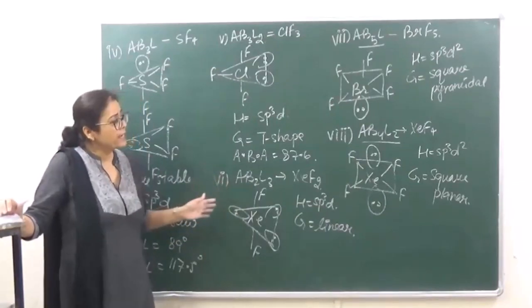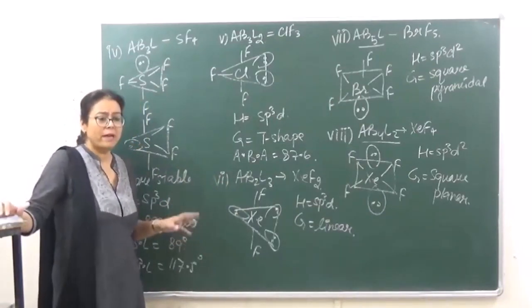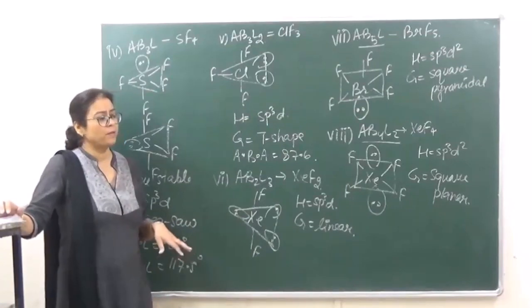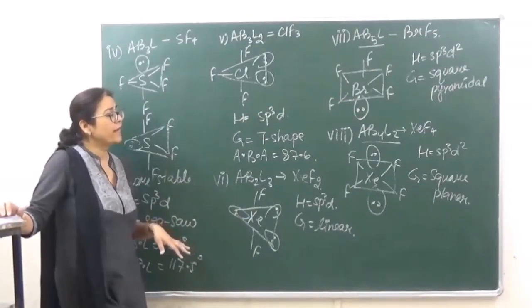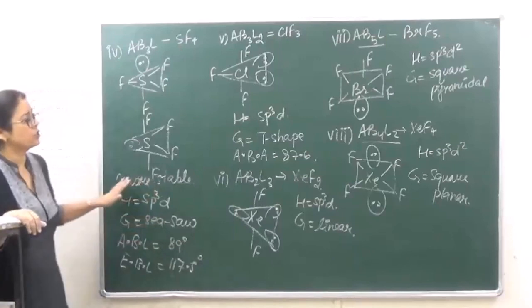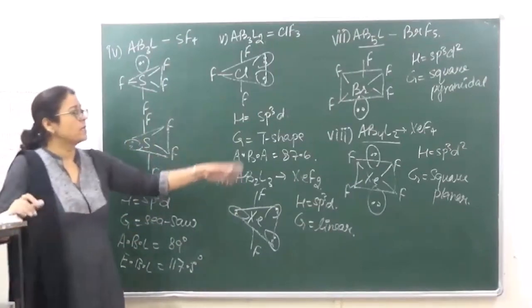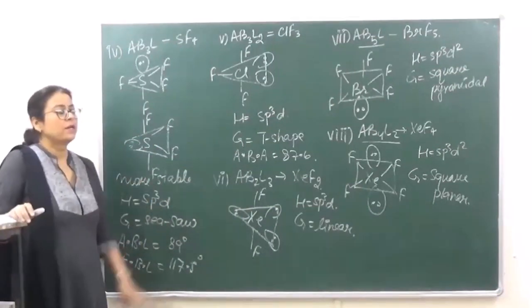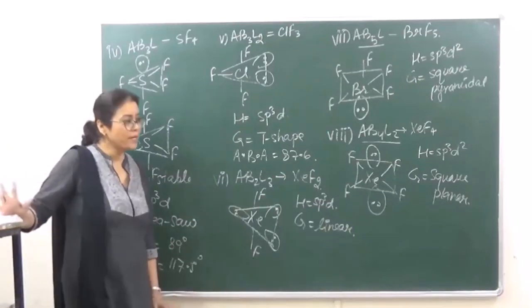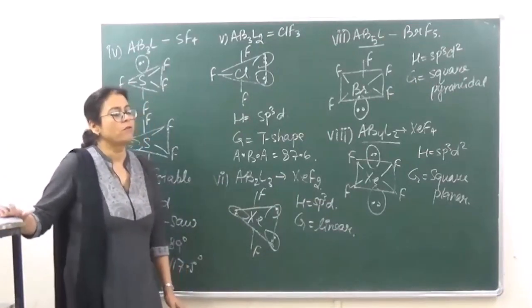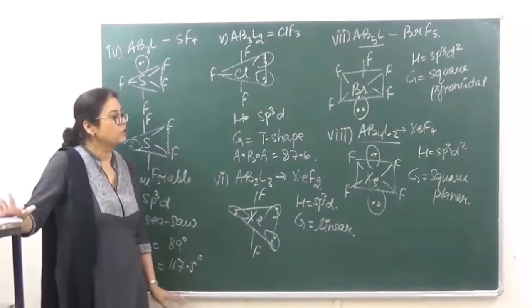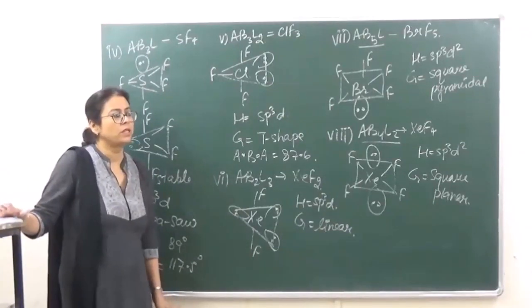So you can predict the shapes also on the basis of hybridization when you're doing your multiple choice questions, or if you're getting a question in your boards in which you have to draw the shapes, then this is how you can do the shapes of so many molecules on the basis of VSEPR theory. So for today we are going to do only till here.